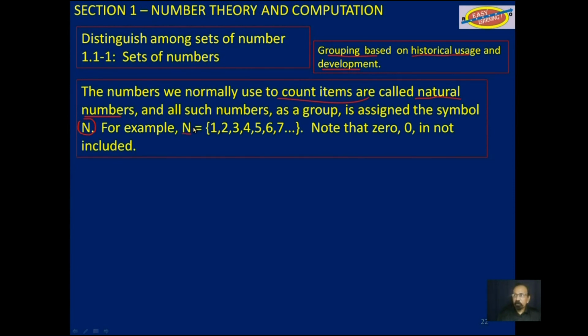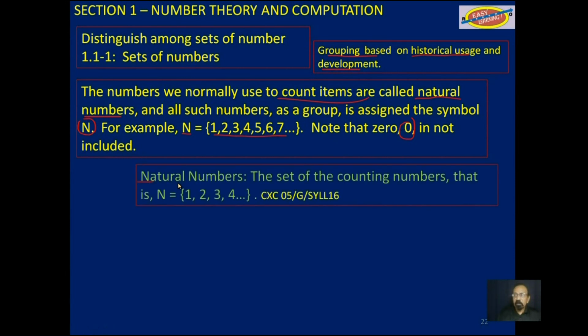So N would be the set of numbers 1, 2, 3, 4, 5, 6, 7, and so on. Note that 0 is not included in N. Your syllabus defines natural numbers as the set of counting numbers. That is, N is the set of numbers 1, 2, 3, 4, and so on.